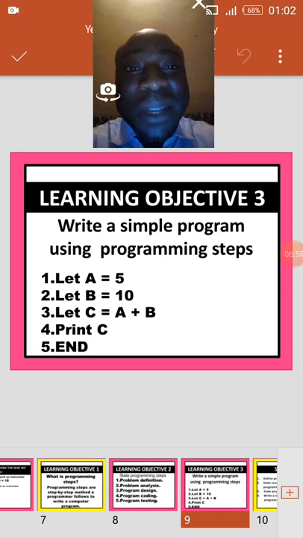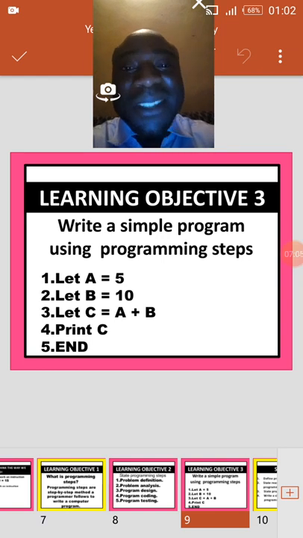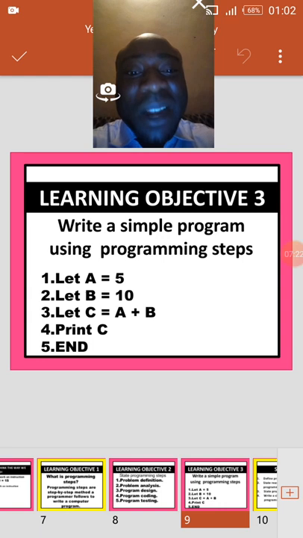That is to terminate the program. Why do we have end in the program? It's very simple, friend. Like human beings, after you work for the day, you need to rest. So the computer cannot run forever. So you need to turn it off. That is why we have end in the program.